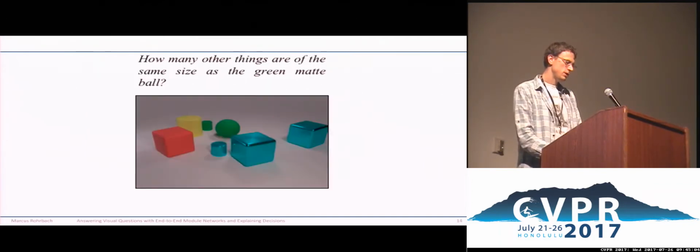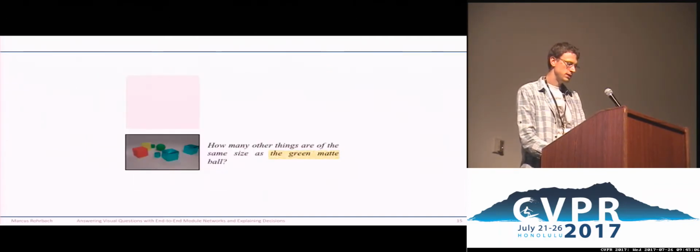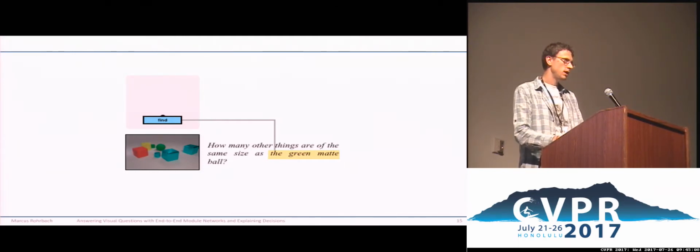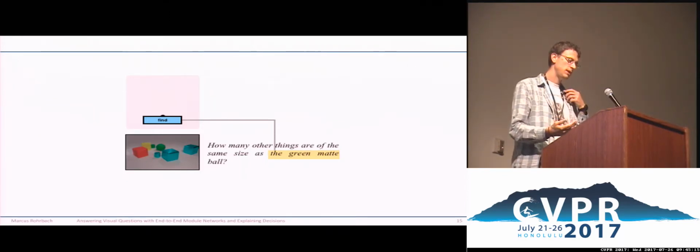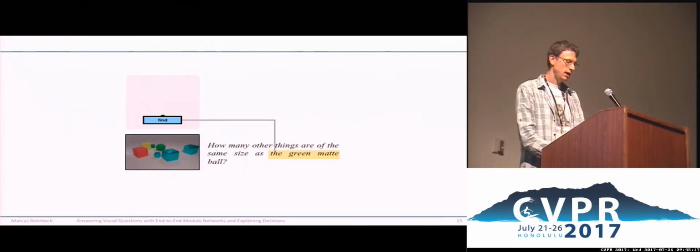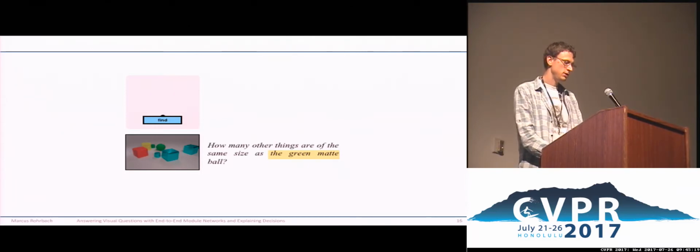So let's look into more detail what this question means. First, we have, for example, a find module which gets as input the green matte ball. So it predicts automatically where to attend to in the text. And then it localizes exactly this region.